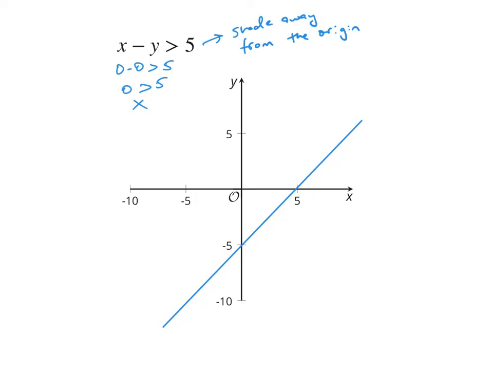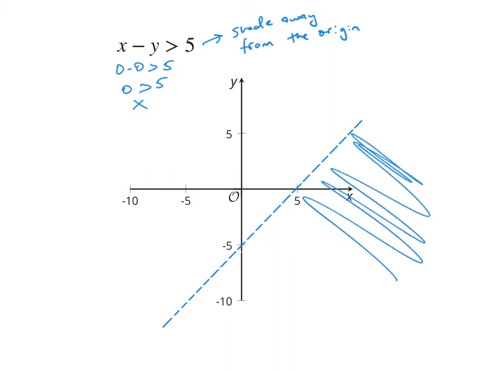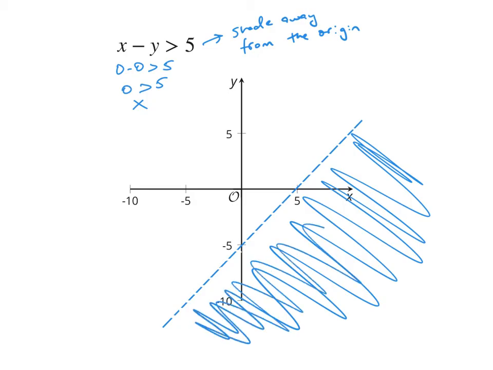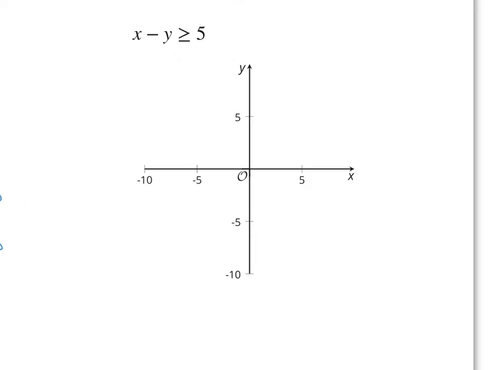And by now, hopefully you've seen the connection that when it's a greater than sign or a less than sign, we're going to use a dashed line, just like we would use an open circle on a number line. So it's the same idea. So we're going to make this dashed, and then shade away from the origin. Okay, then last but not least, again, draw my line.